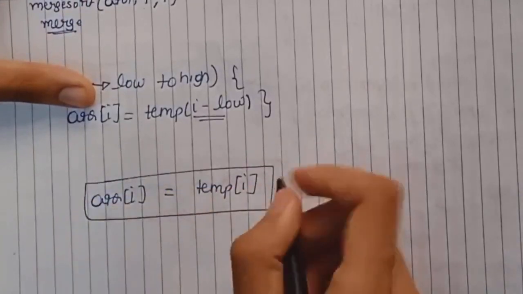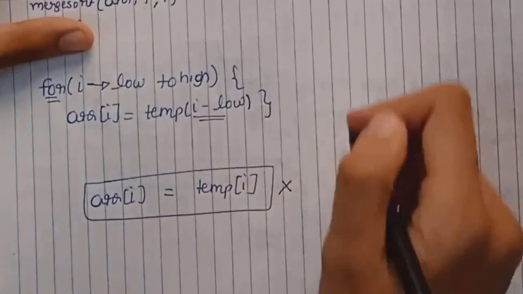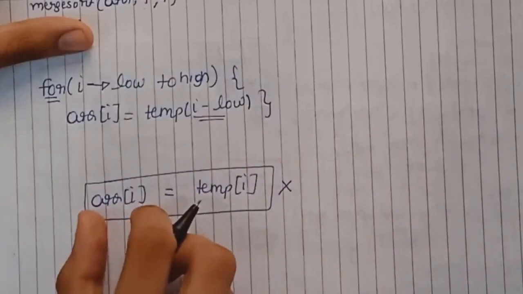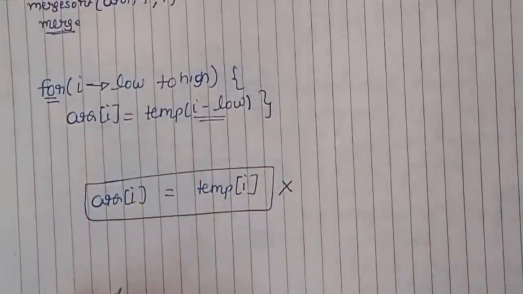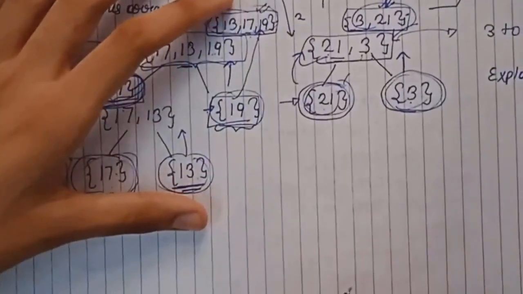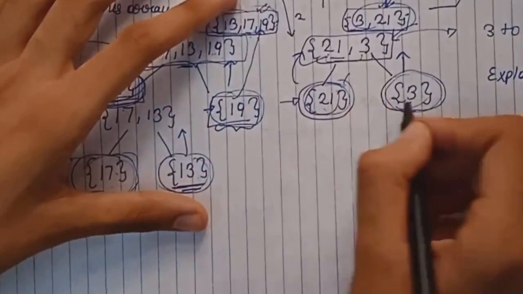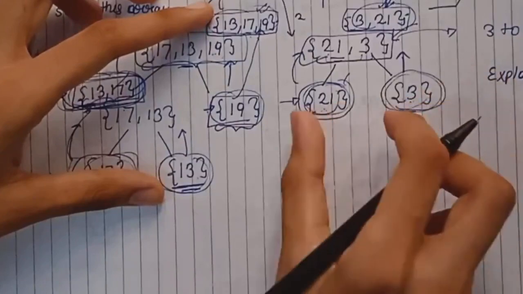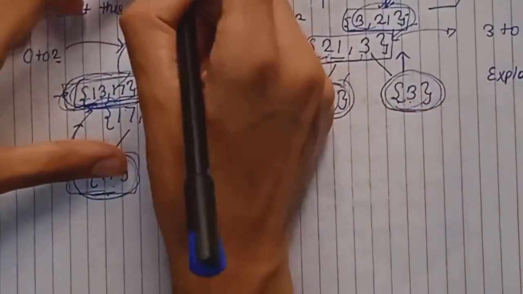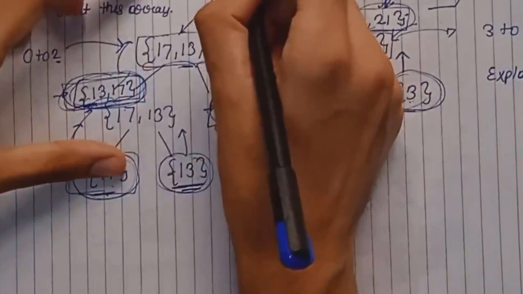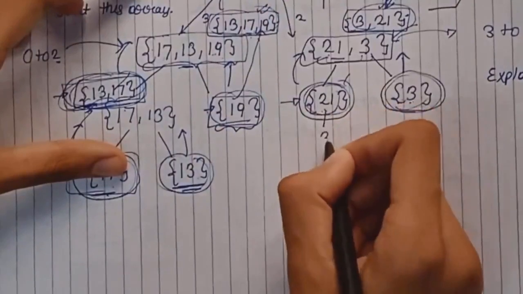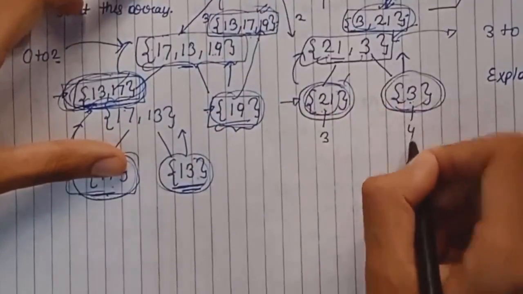So you must note that this is wrong here, because there is some possibility that the array which we are actually sorting is not starting from the index 0, because in our previous example we have just seen that there was a situation when we needed to merge these 2 arrays, and you can note that the indexes of these arrays were not actually starting from 0, because the indexes here were as follows: 0, 1, 2, 3, 4. So the actual index of 21 was 3 and the actual index of 3 was 4.